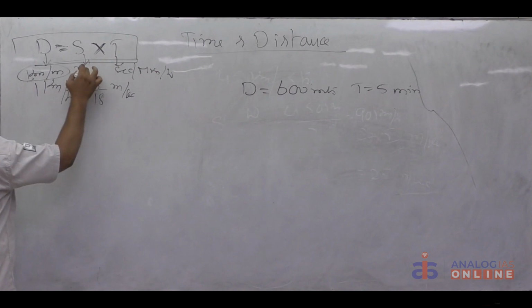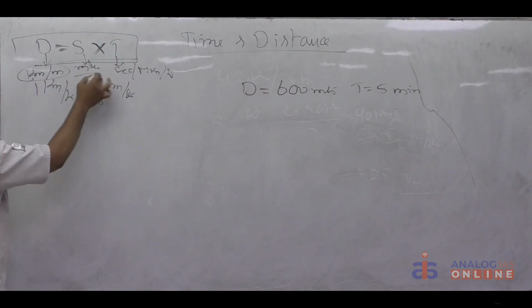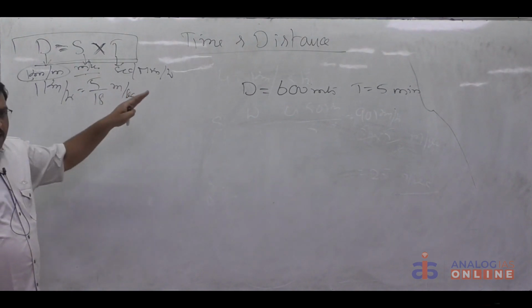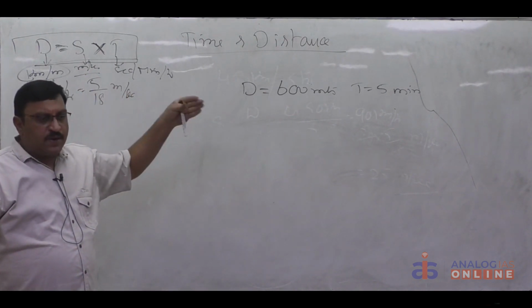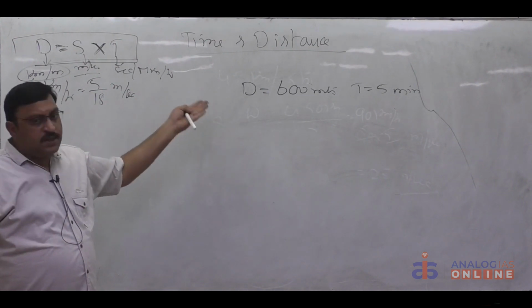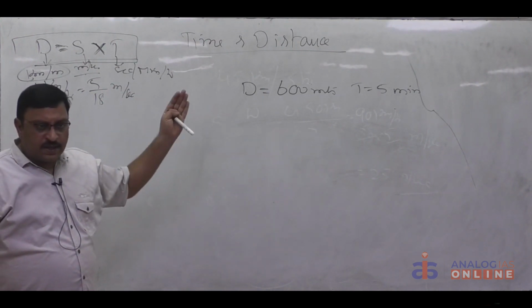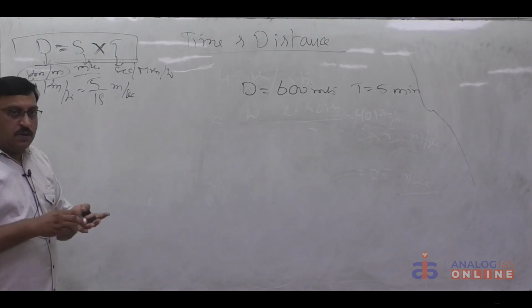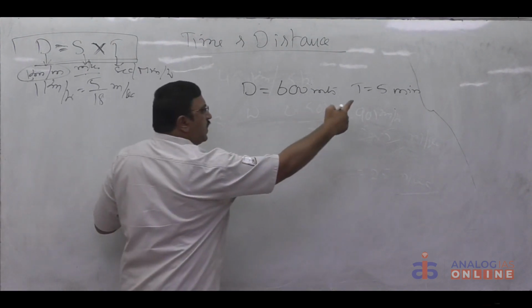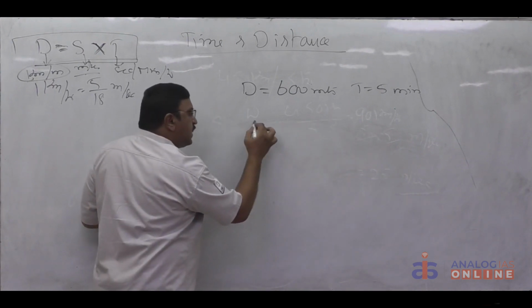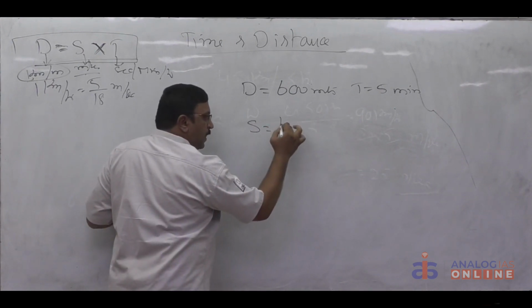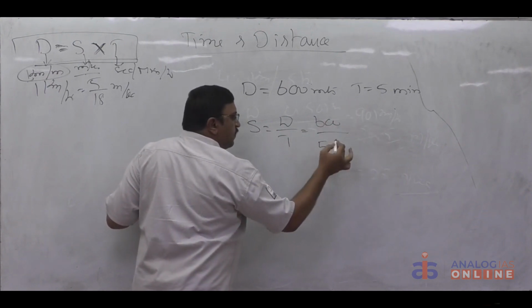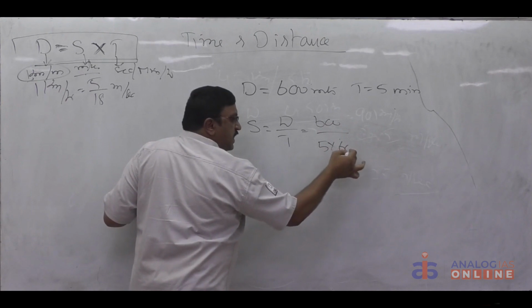Speed is generally given in meter per second or kilometer per hour, right? So for time there are 3 parameters: seconds, minutes and hours. You have to convert that into the normal case and get the answer. Now the time is 5 minutes, the distance 600 meters. So speed is distance by time, that is 600 meters in 5 minutes, and can I write 5 minutes as 5 into 60 seconds, right?